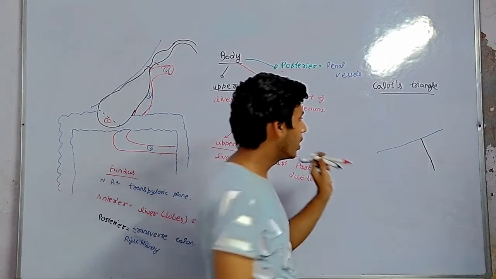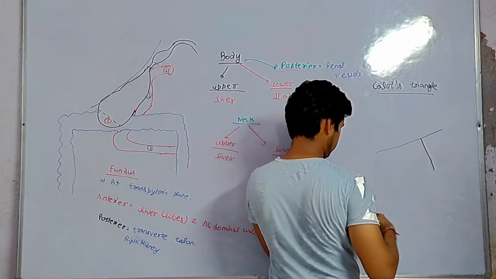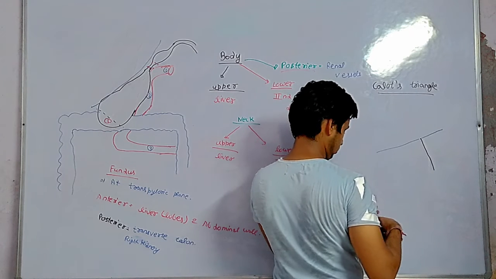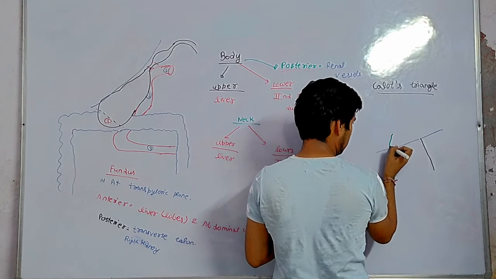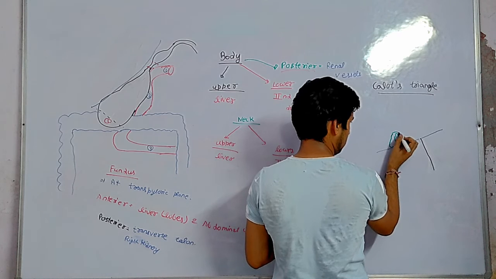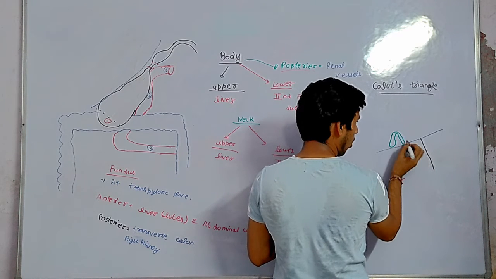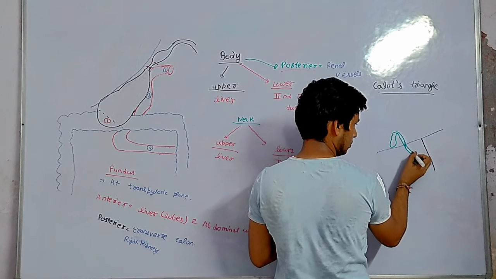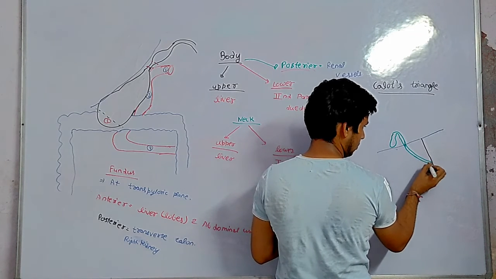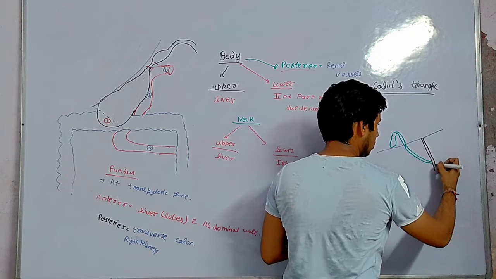Hepatic duct, common hepatic duct, and there is the gallbladder. Here the gallbladder is present. Done. And this is the gallbladder duct. This is the common hepatic duct.